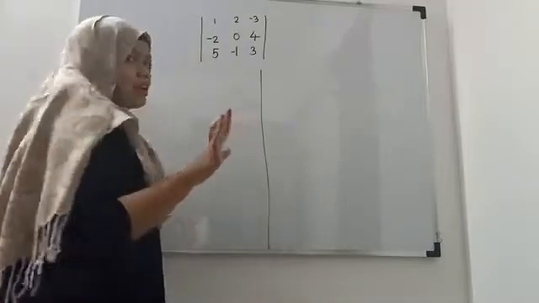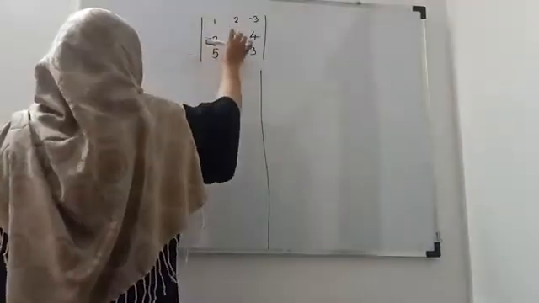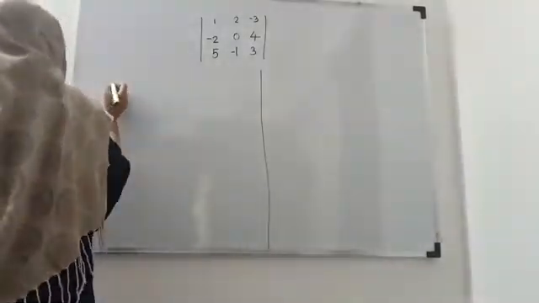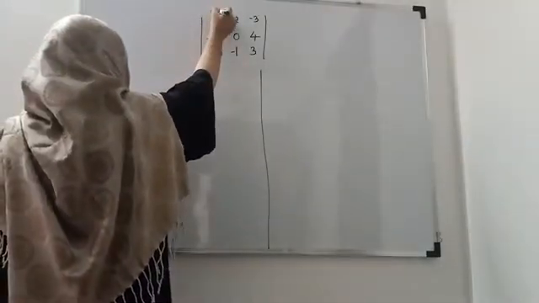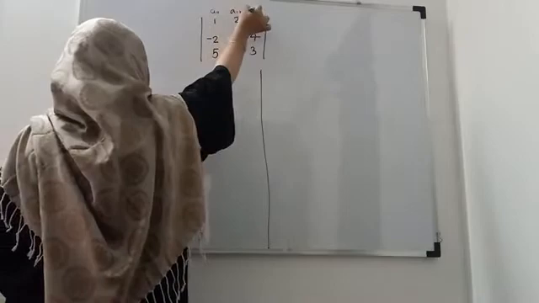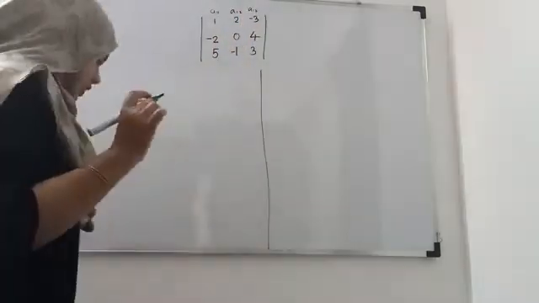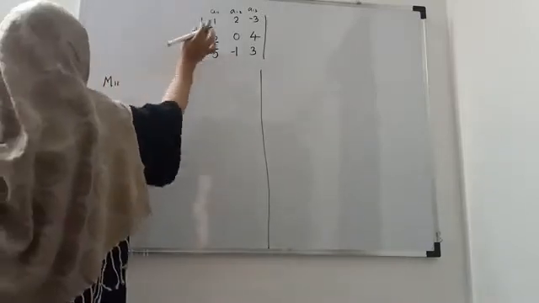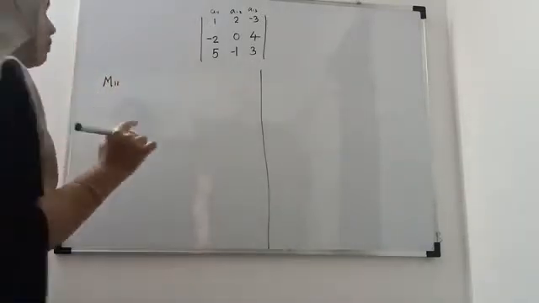So there will be 9 minors: 1, 2, 3, 4, 5, 6, 7, 8, 9. For each element there will be one minor. So here this is A11, A12, A13 like that. I am directly writing M11, the minor of the first element, M12, the minor of A12.